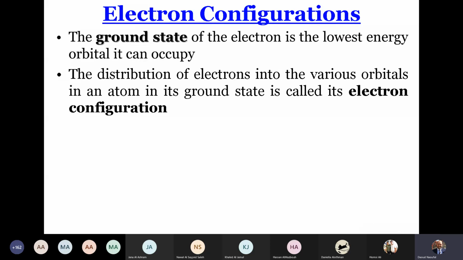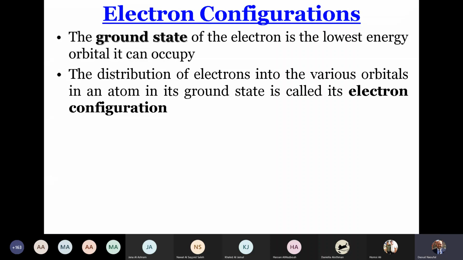Pay attention to the question. Sometimes they ask us to write the electronic configuration at the ground state, and sometimes they ask to write the electronic configuration at the excited state.